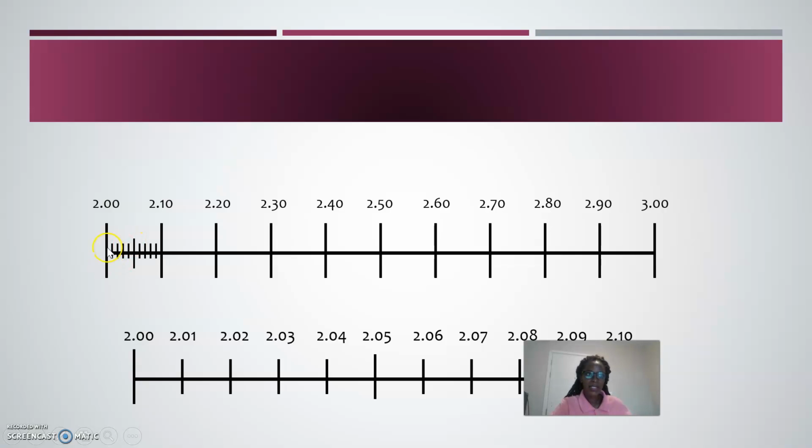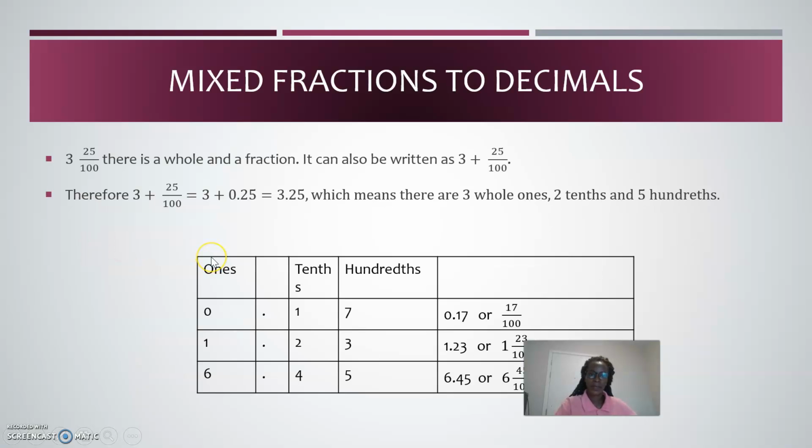These are just the small units in 100, in a number line of 100. Now let's look at something else. Now we're looking at mixed fractions. You have 3 and 25 over 100. There's a whole and a fraction.